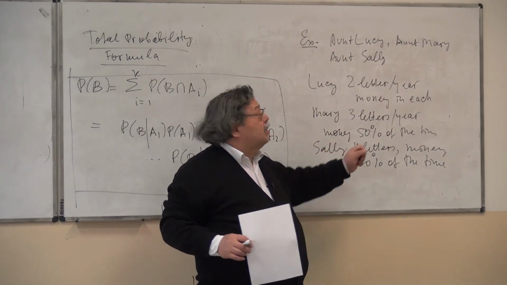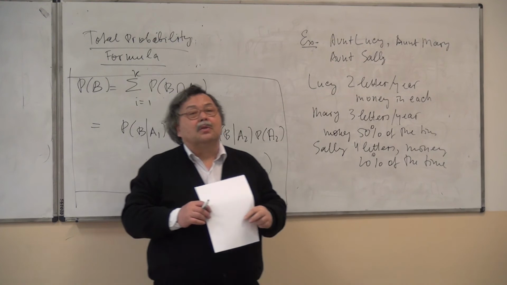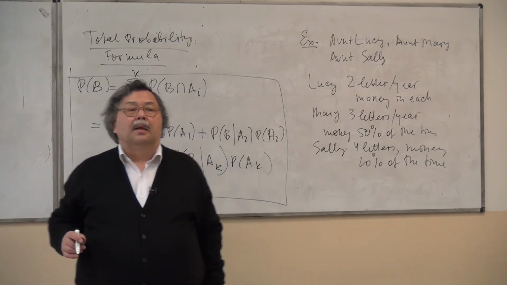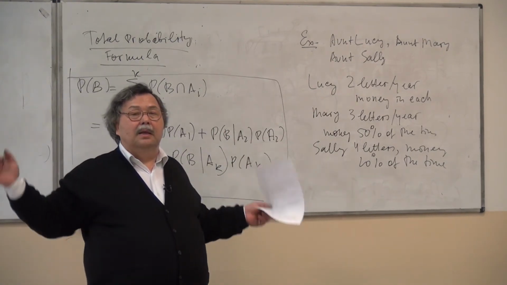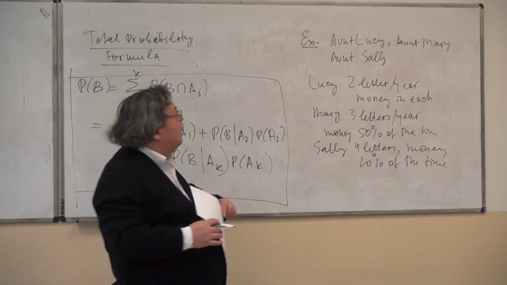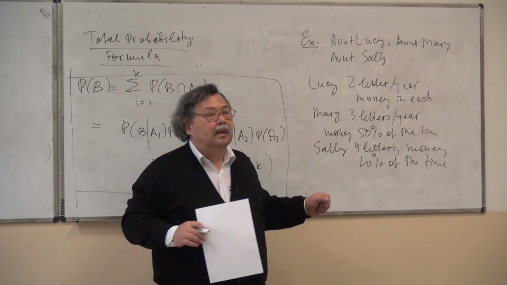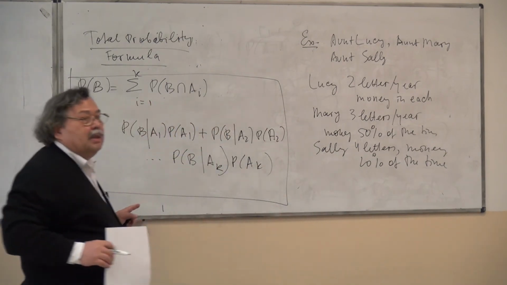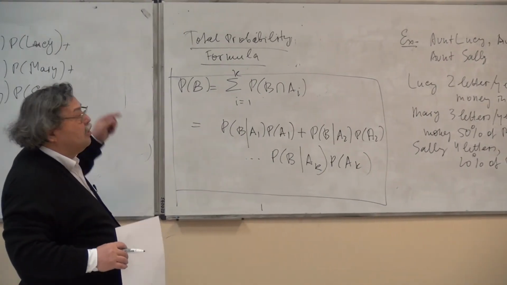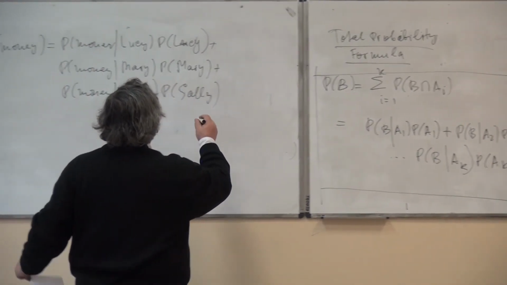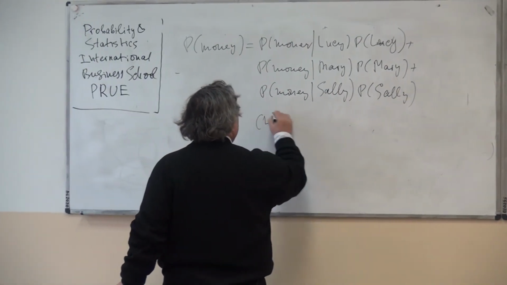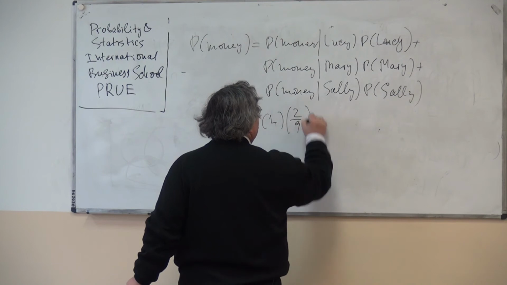It's a good question. Aunt Lucy sends 2 letters a year. And how many letters do all the 3 aunts send a year in total? It's 2 plus 3 plus 4, which is 9. So the probability that this particular letter comes from Aunt Lucy is 2 over 9. This first term is 1 times 2 over 9.